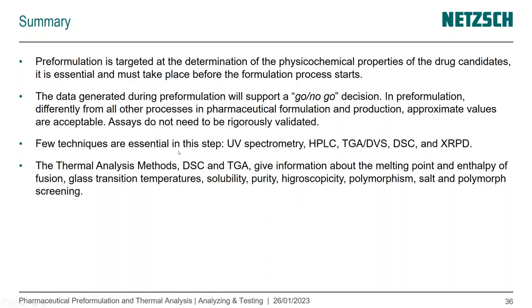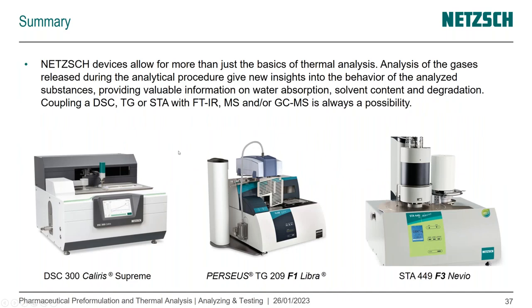Finally, I have to say that the NEDGE devices allow for more than just the basics in thermal analysis. The analysis of the evolved gas, the gases released during the analytical procedures, can give new insights into the behavior of the analyzed substances, giving important and valuable information for the decisions that we are going to take.